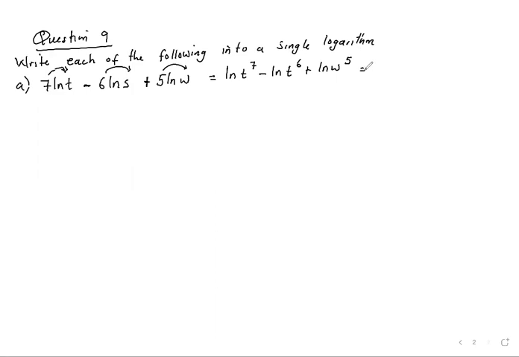Then now we have this one plus this one, so write as ln of T power 7 and W power 5. And then this is subtraction, so we are dividing by S power 6.